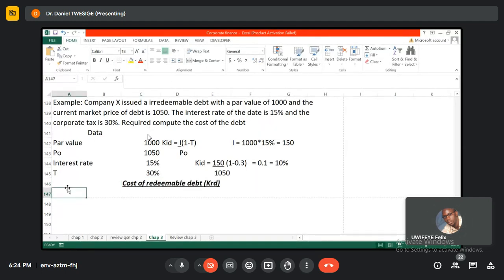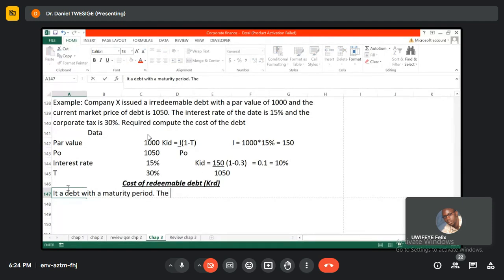So a redeemable debt is a debt which has got a maturity period. That's what is called a redeemable debt. As long as you issue a debt or a loan stock that has got a maturity period, we call that one redeemable debt. So it is a debt with maturity period.